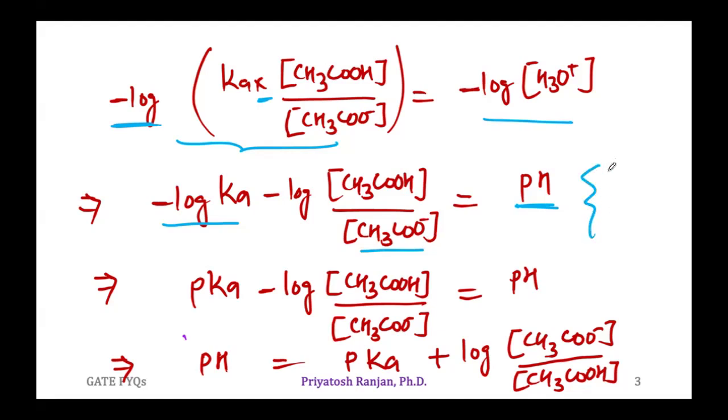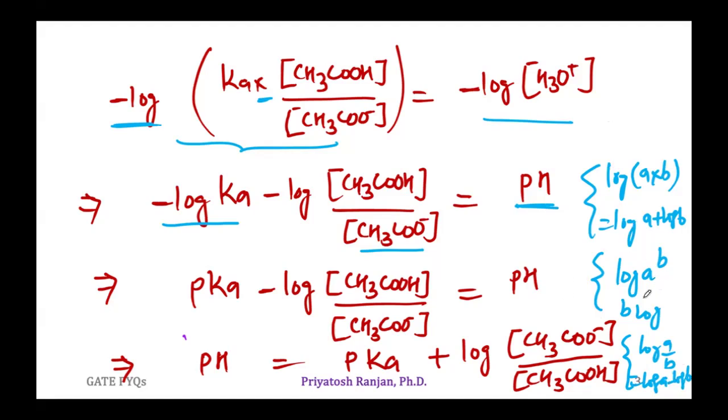As you might be aware, log A into B, you can write it as log A plus log B. That's what I have done. Since it's a negative log, the sign is going to be negative. I hope you all are aware with such kind of a conversion, and I have used such kind of a conversion in rearranging this equation.